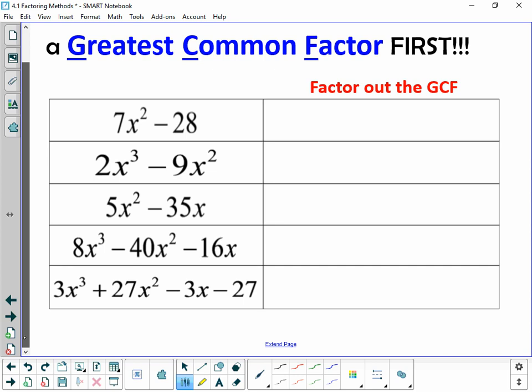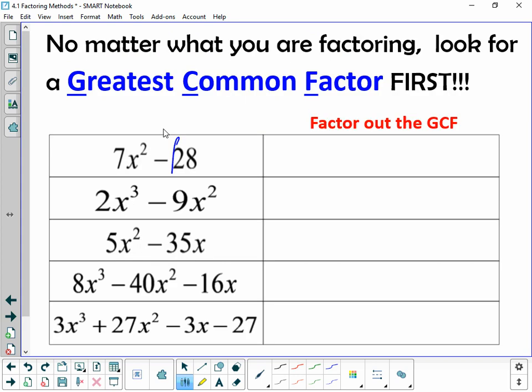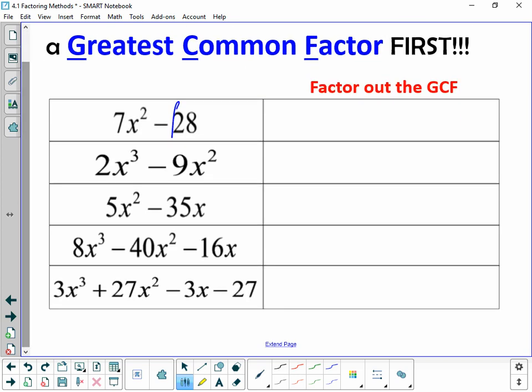So 7x squared minus 28x. As you look at those two terms, you're thinking about what they have in common. Hopefully you notice that 28 is 7 times 4, and so what these two have in common is a factor of 7.